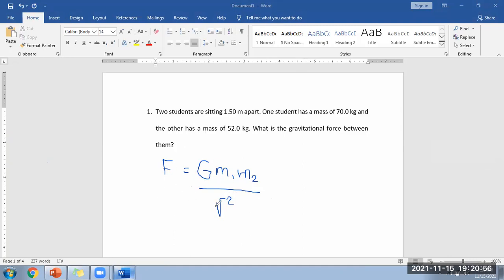So sabi dito, two students are sitting 1 meter apart. One student has a mass of 70.0 kilograms and the other has a mass of 52.0 kilograms. So what is the gravitational force between them? So kaya apply natin siya using the given. So ano ba yung G natin?